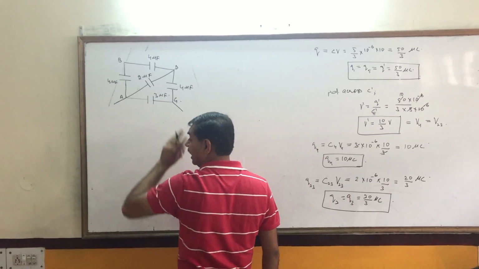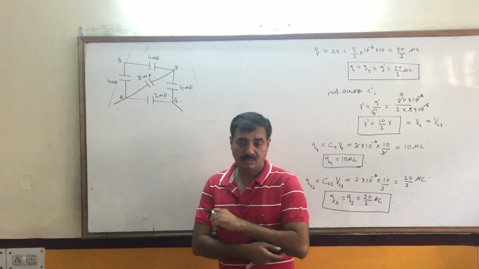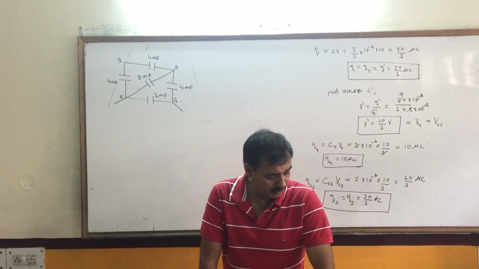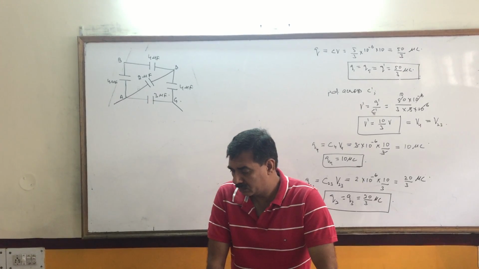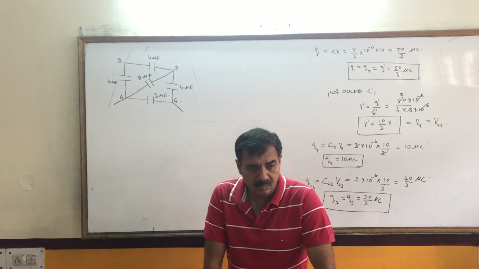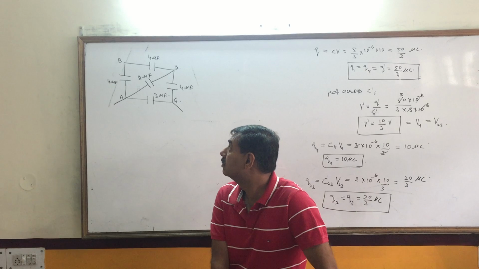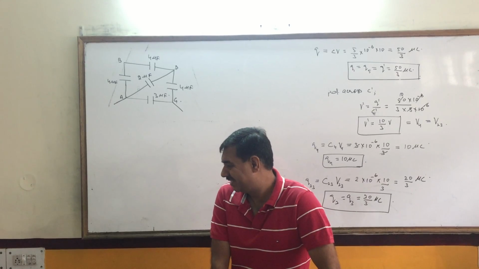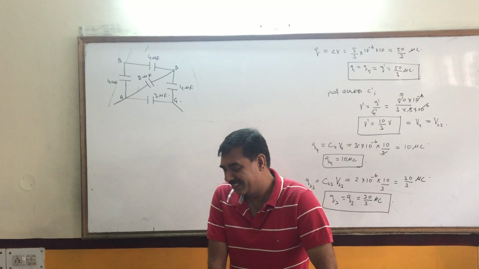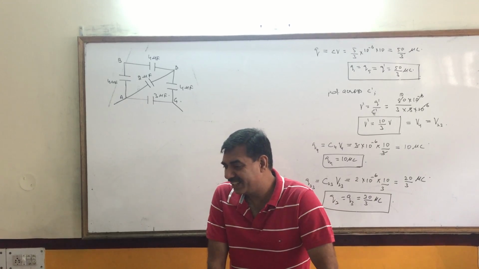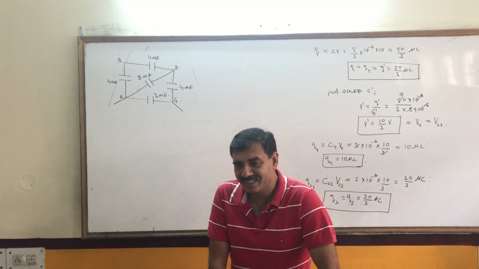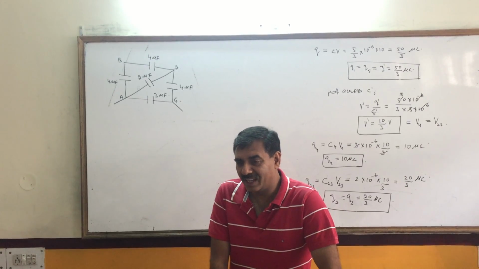Find the equivalent capacity across A and G. Do you think I can calculate it as 40 by 7?